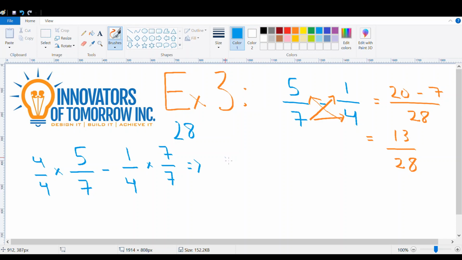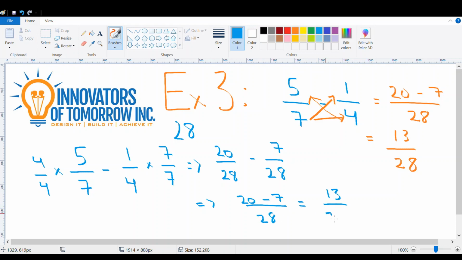This subtraction now looks like 20 over 28 minus 7 over 28. Common denominators, we're good to subtract. 20 minus 7 over 28. And we get our final answer, 13 over 28, which is also the answer from the previous method.